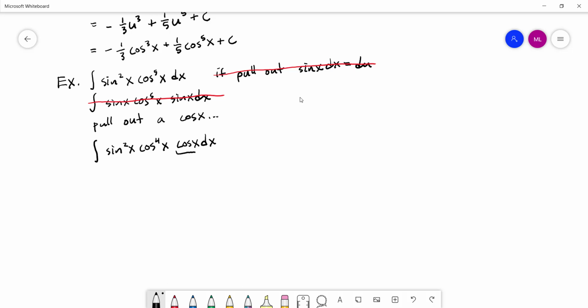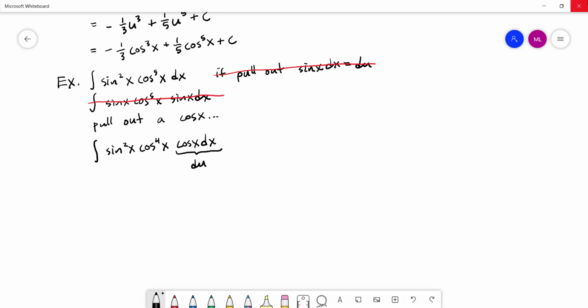And now I have my du, which tells me if this is my du, then u is going to involve the sine function. In this case, it'll just be sine, and I need to write everything over here in terms of sine. This part is easy, it's already in terms of sine, and this part isn't that bad either because it's an even power, and I can use my Pythagorean identities to easily rewrite this in terms of sine. So that's going to be the idea.